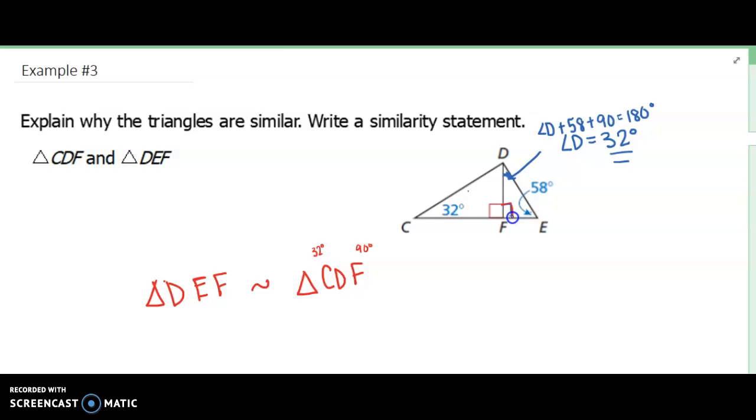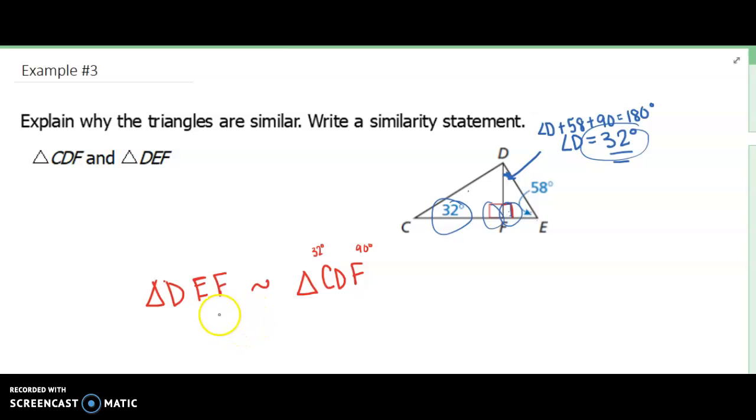We also know that this angle DFE is a right angle because they're a linear pair. And so by doing that, I found the 32 and the 32 and then the 90 and the 90, and by the angle-angle similarity theorem, I found that they are similar.